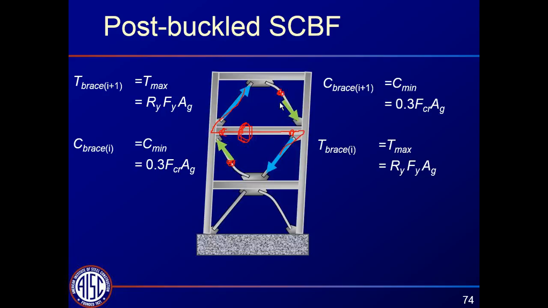Kind of a long-winded answer, but it's a very important point, and as you saw in the numerical example, it does have a dramatic effect on the design of that connection and the design of that beam.